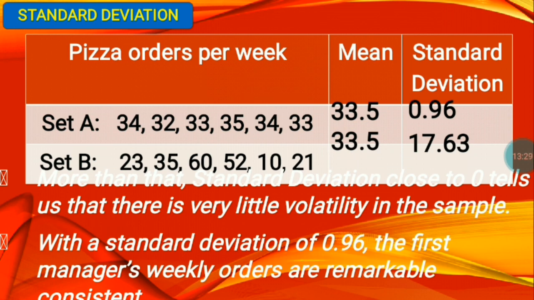With a standard deviation of 0.96, the first manager's weekly orders are remarkably consistent. So manager A is consistent with his weekly pizza orders.